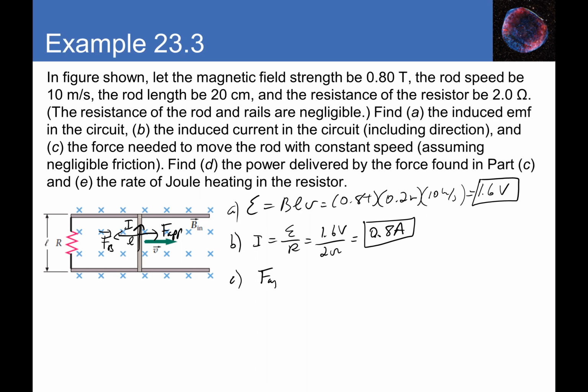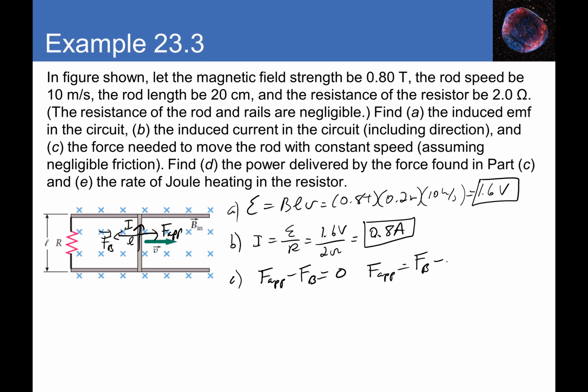That means what I have here is the applied force to the right minus the magnetic force to the left. And we assume that when we push, we're not making it accelerate. We're just making it move at constant speed. So this equals 0. That means the applied force is technically equal to the magnetic force.